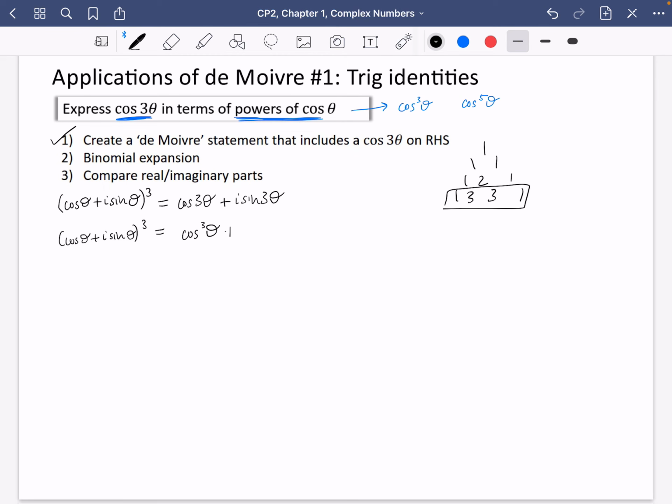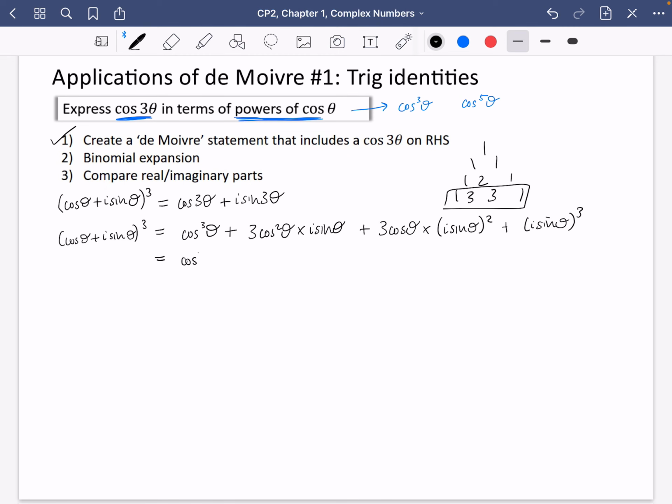Then my next bit is going to be 3 multiplied by cos squared theta multiplied by i sine theta. My next bit is going to be 3 cos theta multiplied by (i sine theta) squared. And my last bit is just going to be (i sine theta) all cubed.